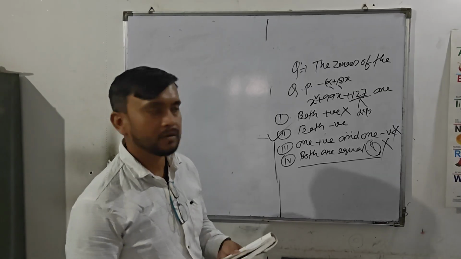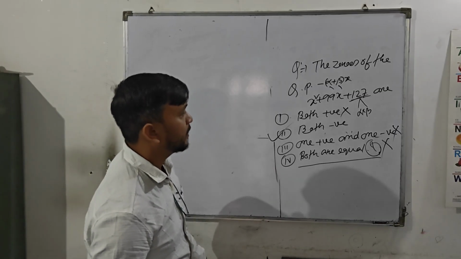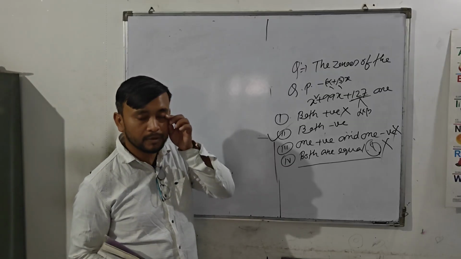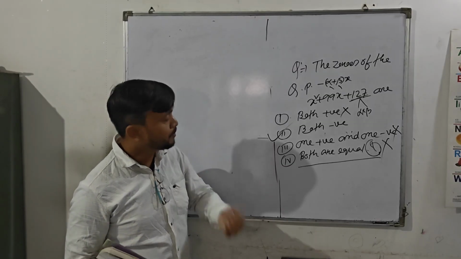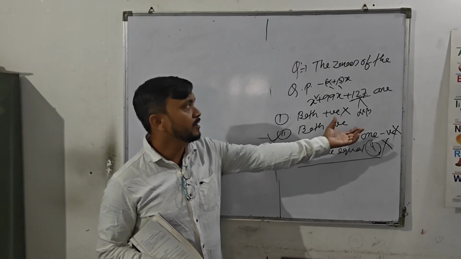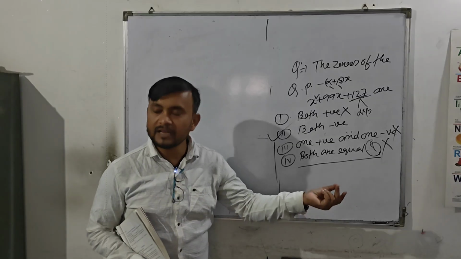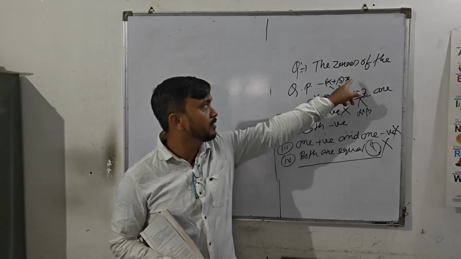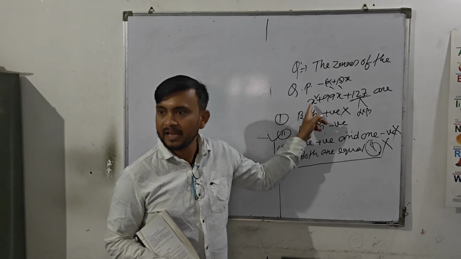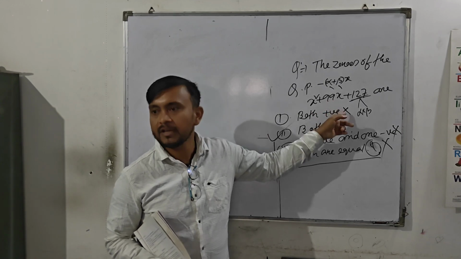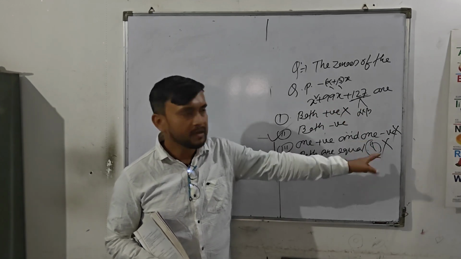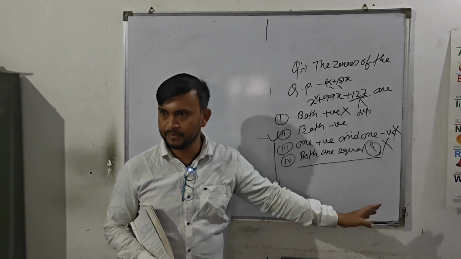If both of the zeros are positive, then the product of the zeros, in x square minus sum of zeros plus product of zeros, the product of the zeros is positive. What does it mean?